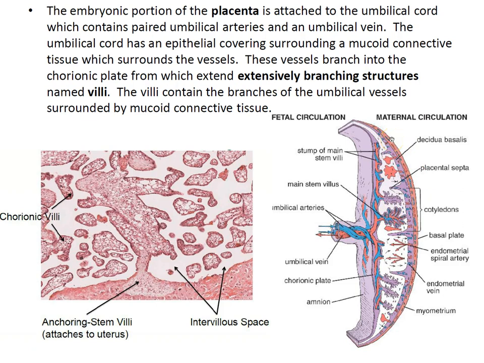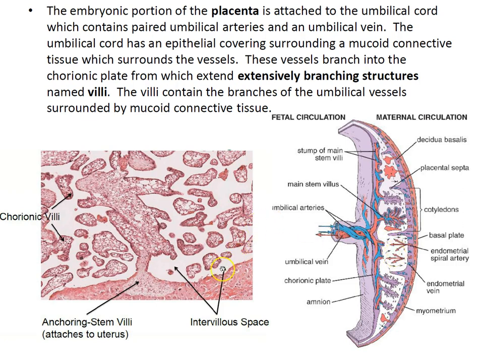Now the maternal blood enters the placenta through numerous endometrial spiral arteries that penetrate the basal plate here. The maternal blood is then directed deep into the intervillous space, which is shown here.